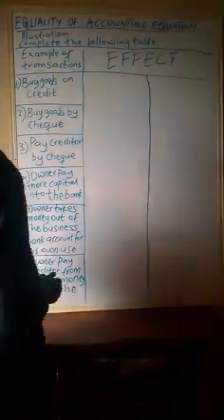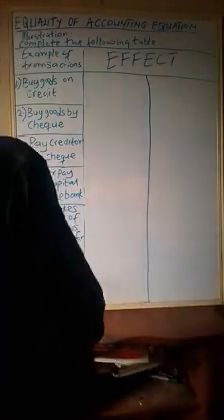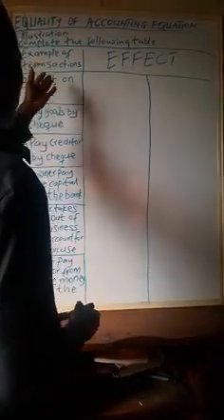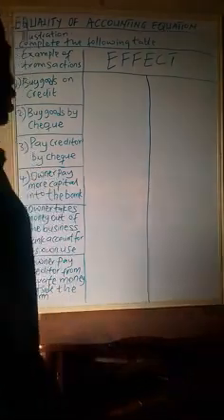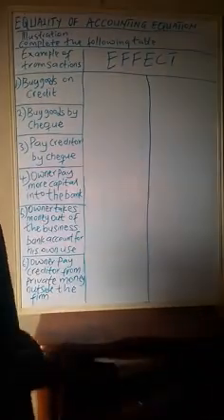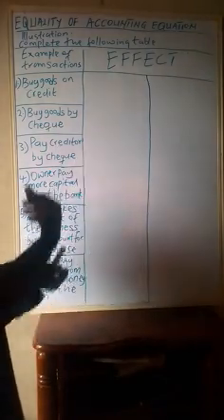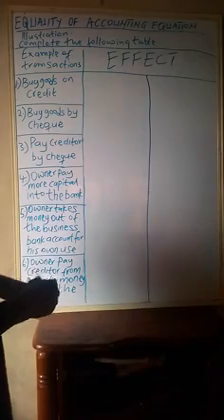So buy goods on credit. What is the effect? Is it asset or liability or capital? When you hear the word goods, this is the commodity that the buyer is buying from the seller.